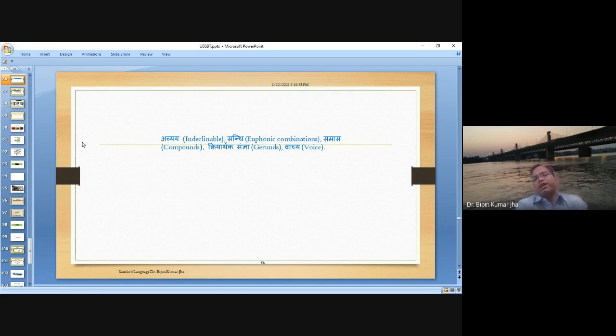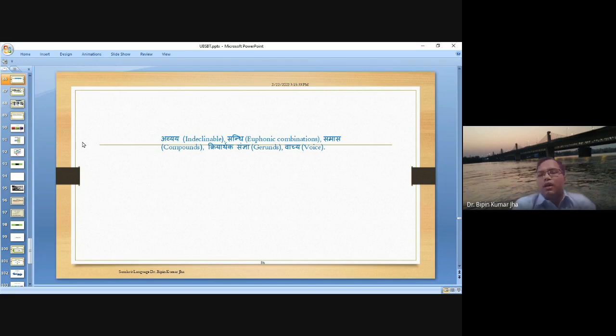Prahar, we can take the term prahar, ahar, sanghar, vihar. All these are created by that verbal root hri only. But all these give different meanings.